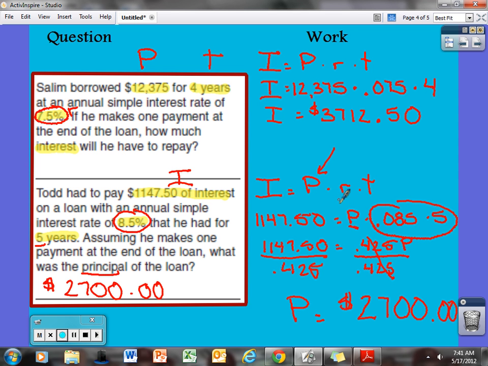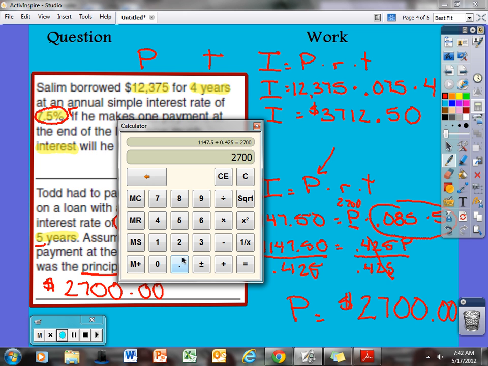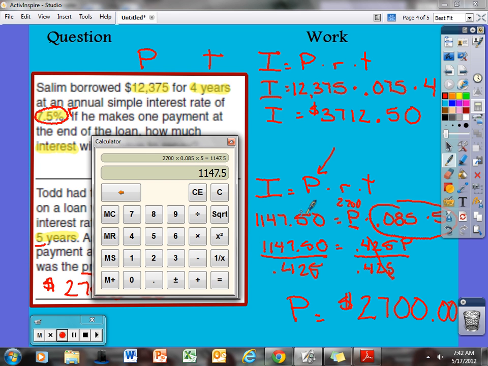I would substitute it in, so now I know the P, and if I multiply this out, it should give me $1,147.50. So let's just check that real quick. $2,700 times 8.5%, but I converted that to a decimal, so 85 thousandths times 5 equals, hey, look at that. That's a check, so I know I'm right.